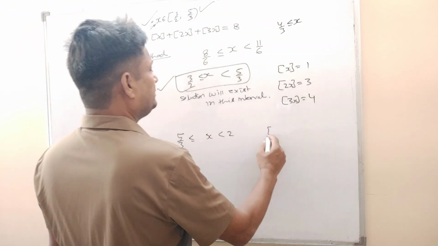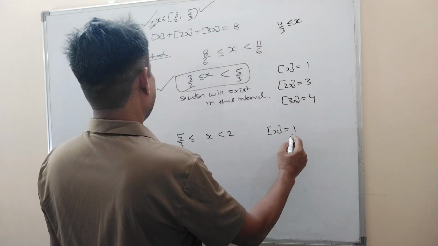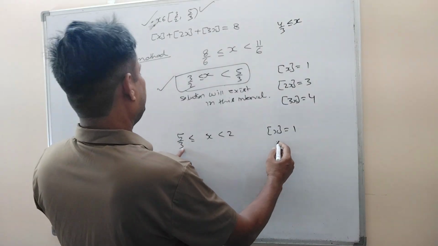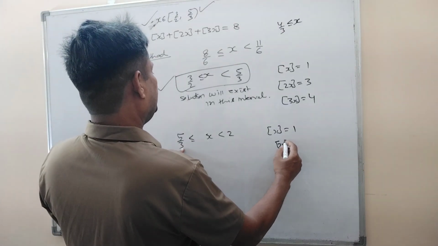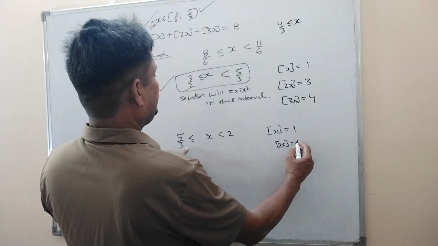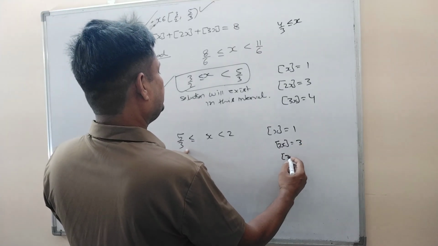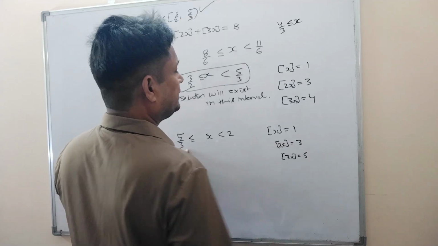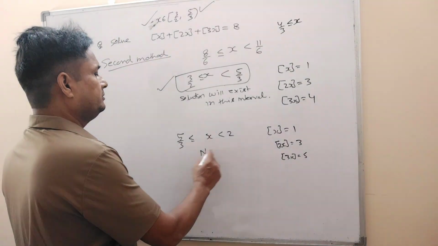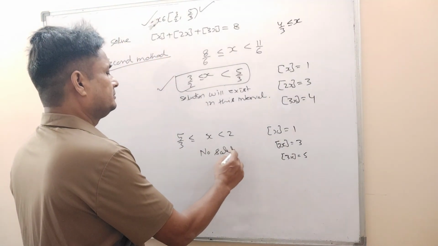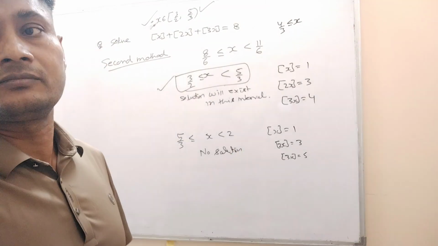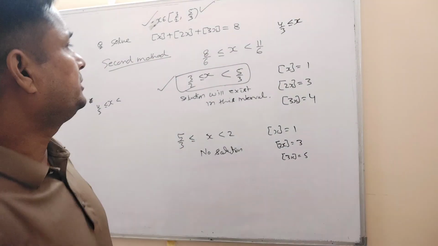In this interval, greatest integer of x will give you 1, greatest integer of 2x will give you 3, and greatest integer of 3x will be 5. So in this interval, no solution. These are the possible cases.